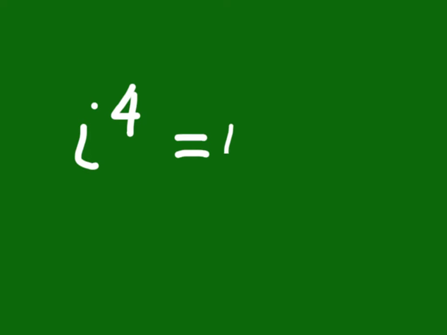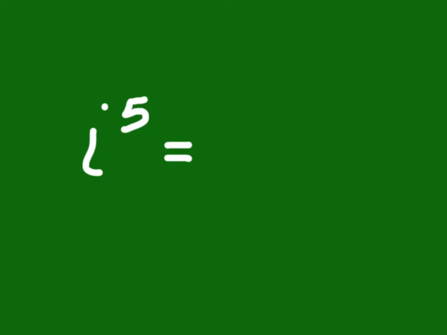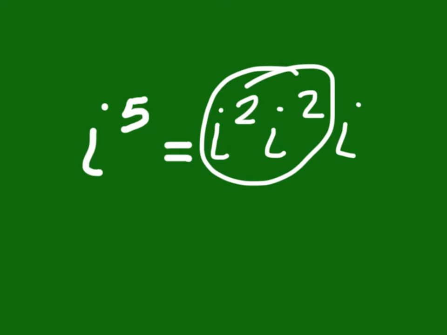I to the 4th you can break up as I squared times I squared, which would give me an answer of what? 1, because they are both -1. I to the 5th, you can take out I to the 2nd, I to the 2nd, but be left with an I. In other words, we have I to the 4th here.